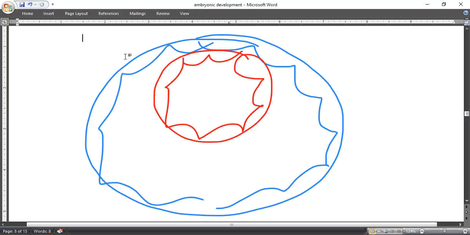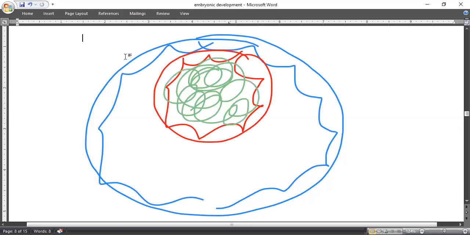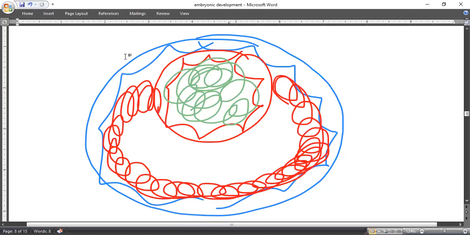Then some of the hypoblast cells separate and move towards the blastocoel cavity, lining below the trophectoderm, with their surface facing the cavity. This is actually called the yolk sac. We have a separate explanation for the extra-embryonic membranes. So these two are called extra-embryonic membranes.